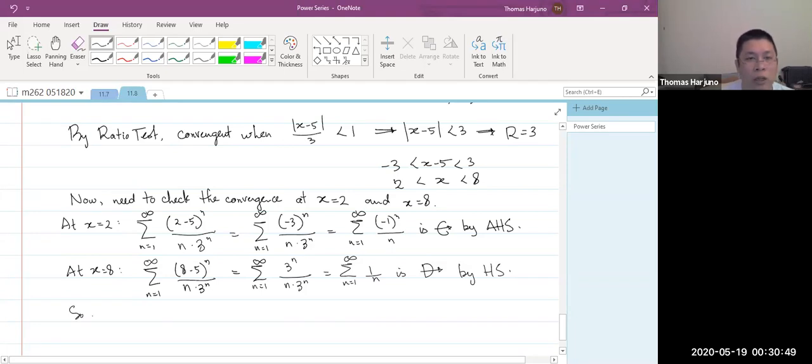So the interval of convergence now is between 2 and 8, union one of the endpoints. Which one? 2. So the interval where it is convergent is 2 to 8, including 2, but not including 8.